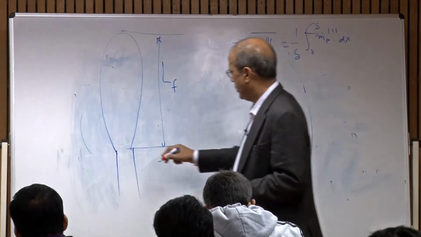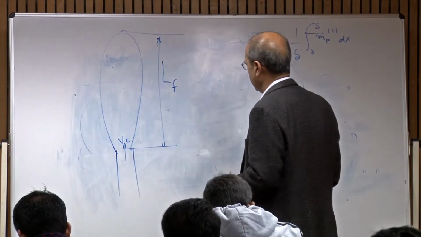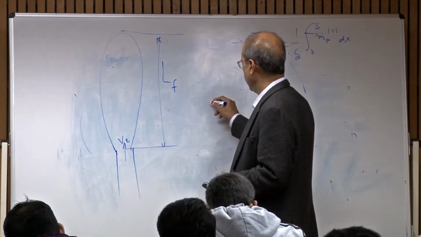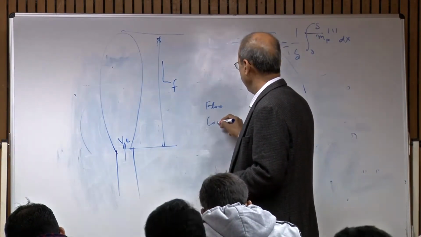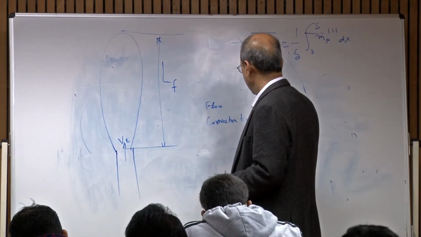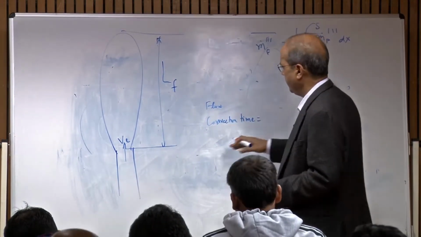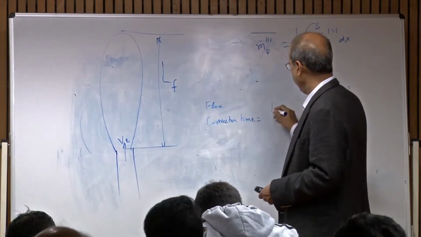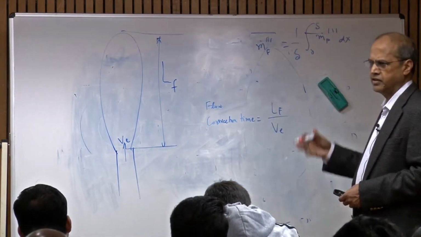So here your velocity, say V_e. Here we can compare the flow time, or I should say the convection time. The convection time can be defined based on the length and this velocity, right? So L_F divided by V. This is also like the residence time, you can say.